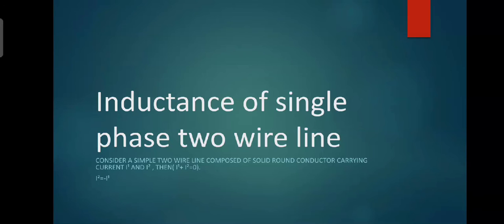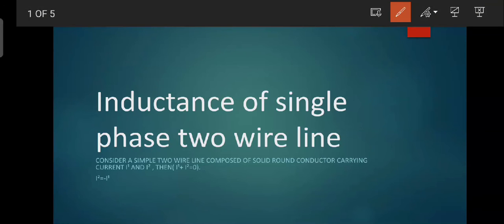So here consider two single lines. If that is a positive or input line and that is the output line, that is minus I. So it is outgoing, it is incoming. Consider a simple two-wire line composed of solid round conductors carrying currents I1 and I2.